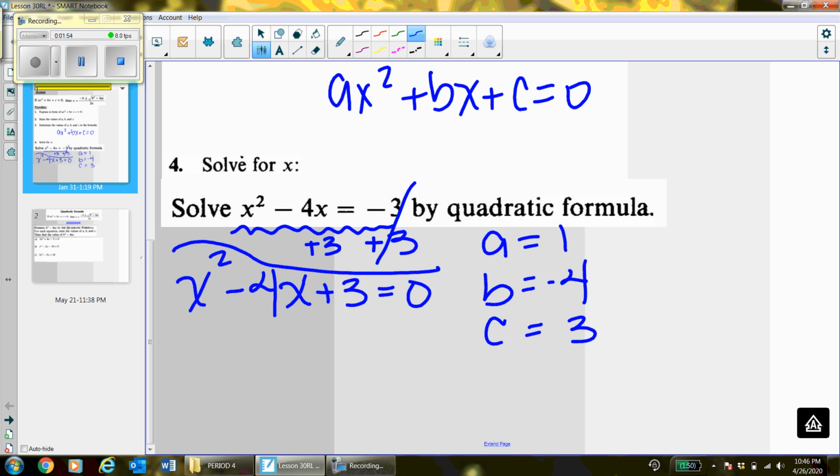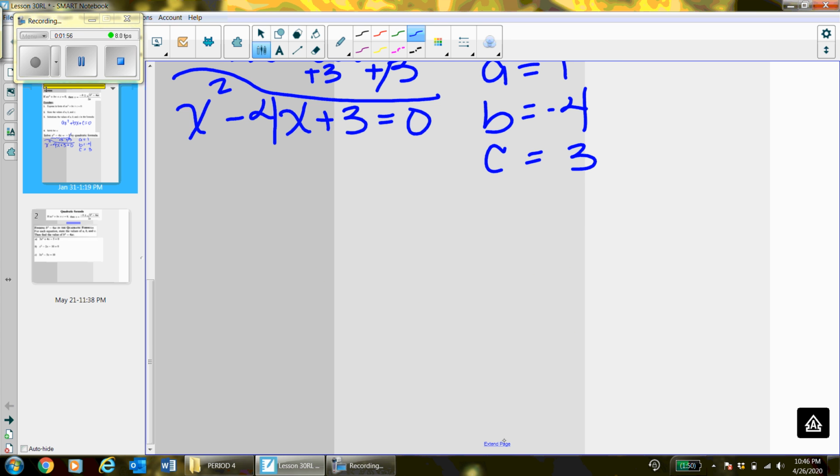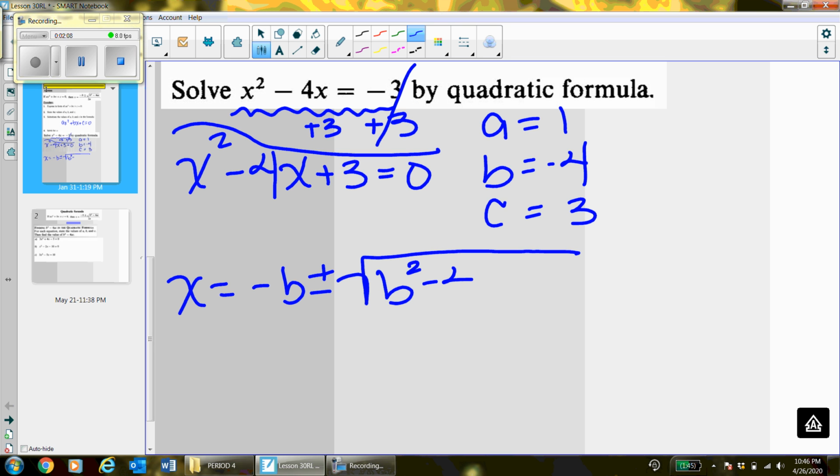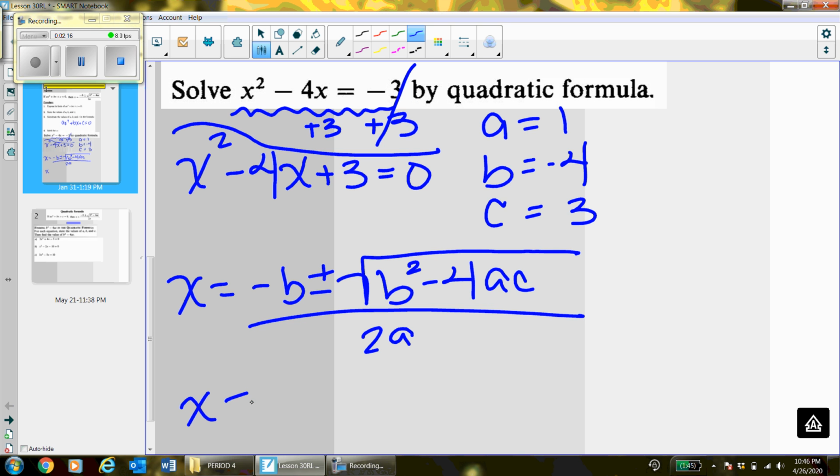Now I'm going to plug this into my quadratic formula. x equals negative b plus or minus the square root of b squared minus 4ac, all divided by 2a. Because the b is already negative, you're going to see two negatives here.